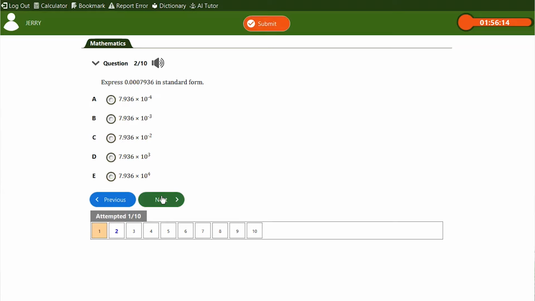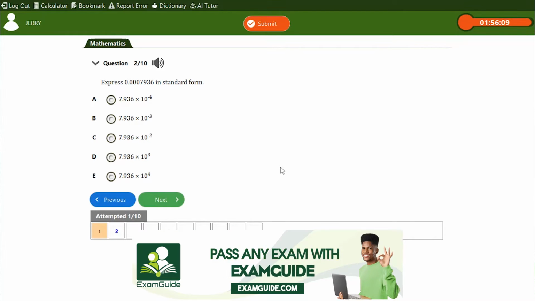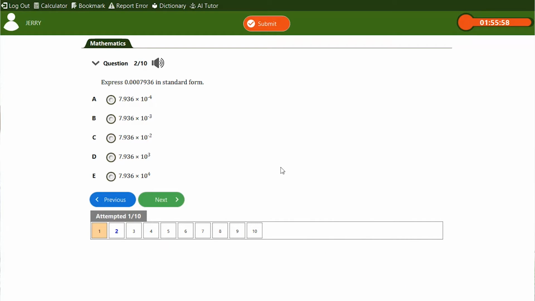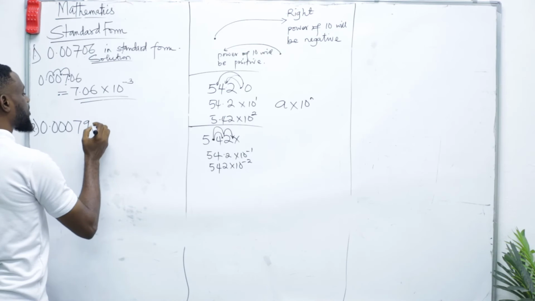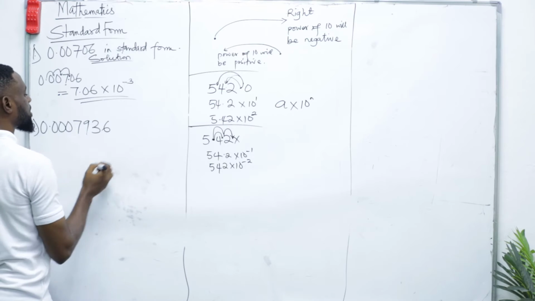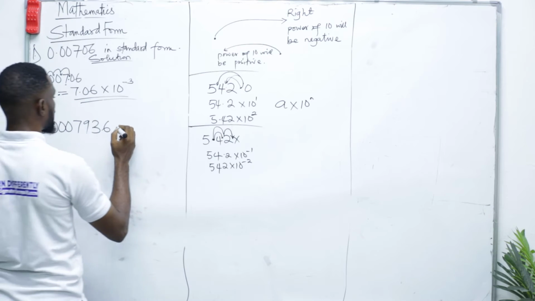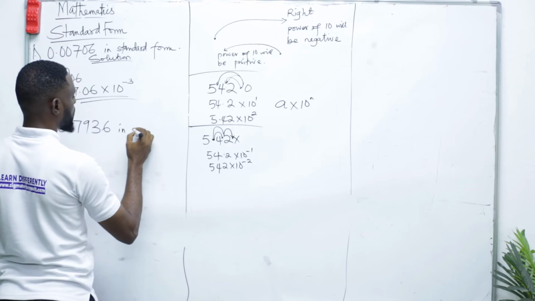All right, let's go to the next one. The next one says we should express, so if you did not get this, pay attention to this second one. Express 0.0007936 in standard form.